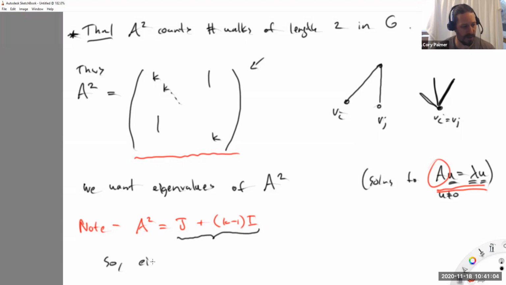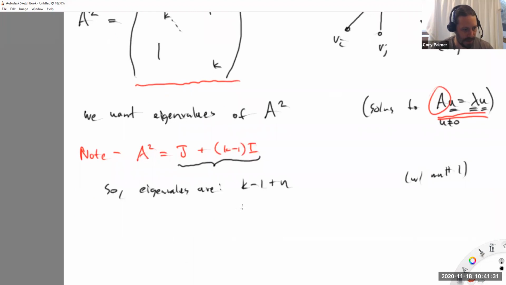So what are the eigenvalues here? We get n plus k minus 1, with multiplicity 1. No, geez, I haven't done this in a while.